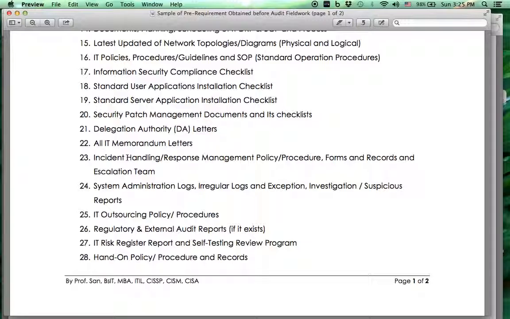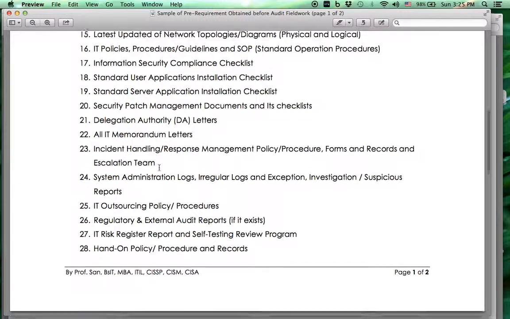So number 23, we talk about the incident handling procedure. This area you need to obtain also when your audit covers the recovery plan or disaster recovery plan, or relates to the incident or crisis handling process.